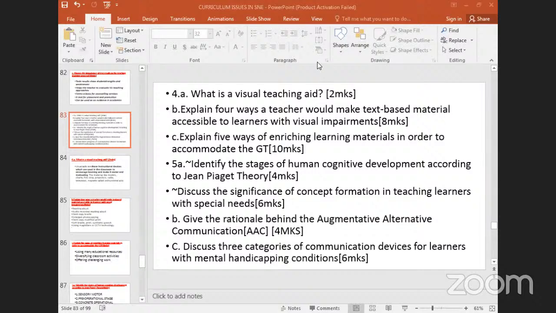What's the meaning of the term rationale? Class, somebody on rationale on that question 5B. Yes, rationale.